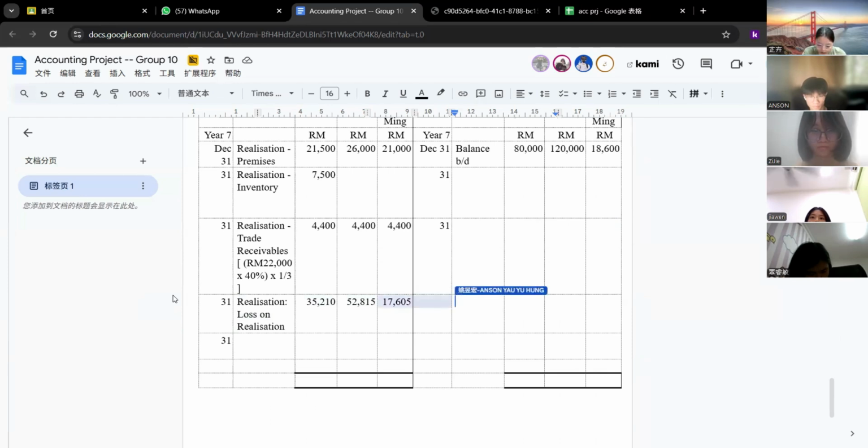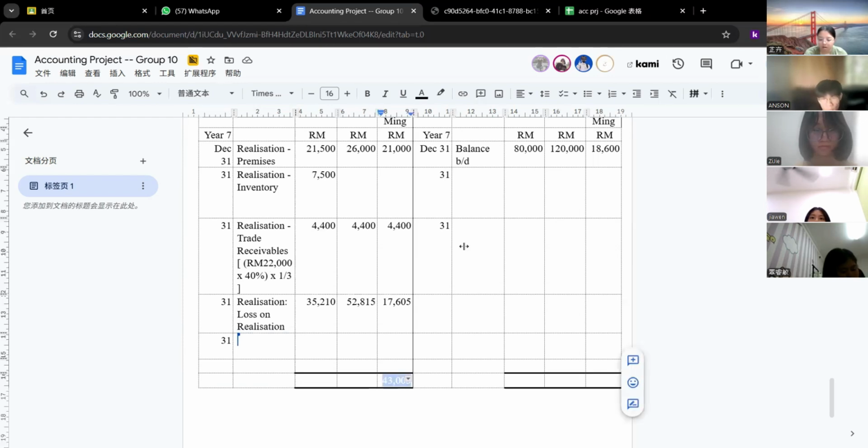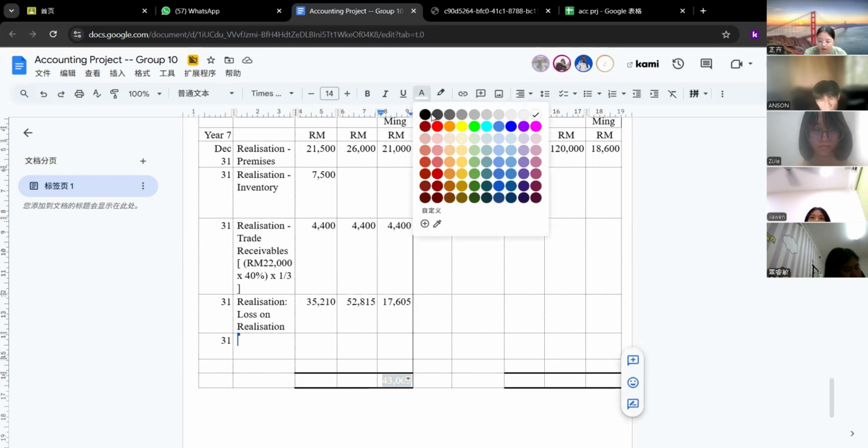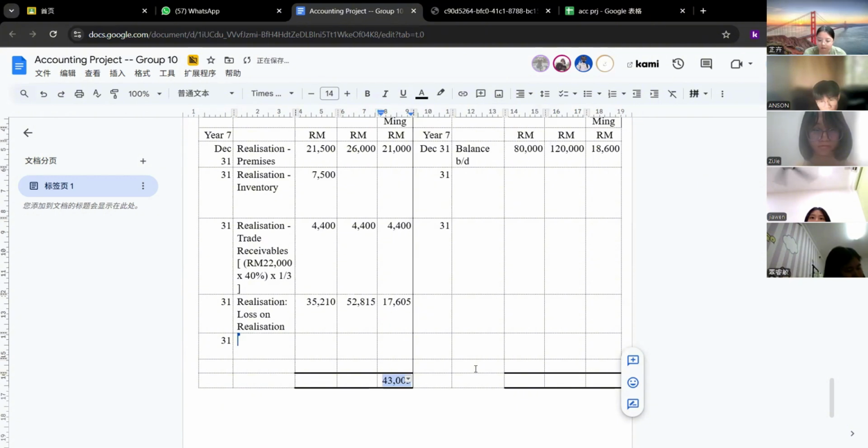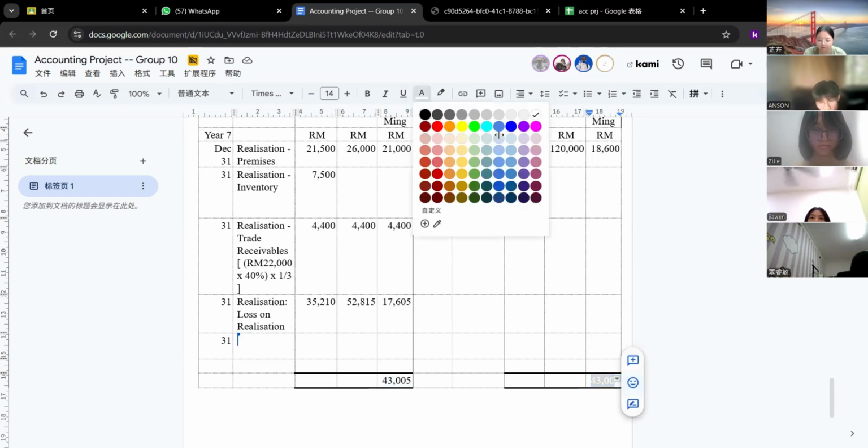Okay, so according to the Garner versus Murray rule, we need to add up the total of the debit side of the capital account, and then he will get 43,005 ringgit.